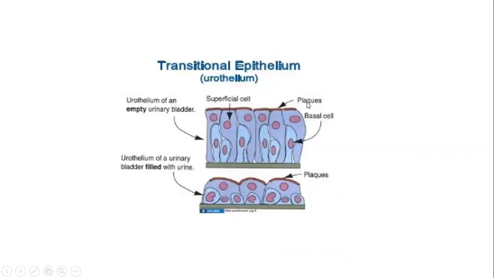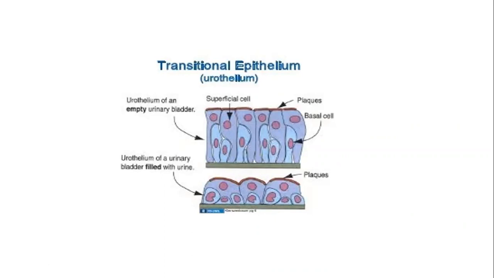This structure in the transitional epithelium is simply called the membrane plaques, or uroplakins. So what is this plaque? A membrane plaque is considered to be a region of about 12 nanometers in thickness.